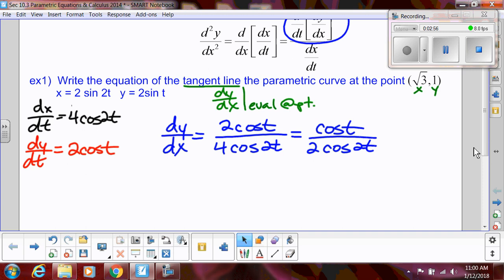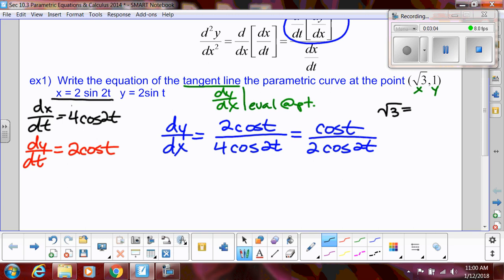I'm going to have square root of 3 is equal to, using this parametric equation, 2 sine of 2t. So if I divide by the 2, I have square root of 3 over 2 is equal to sine of 2t.